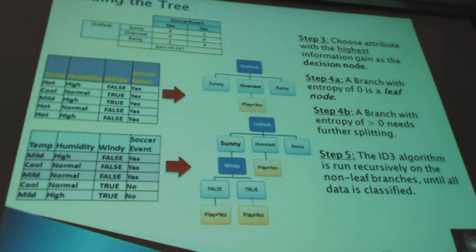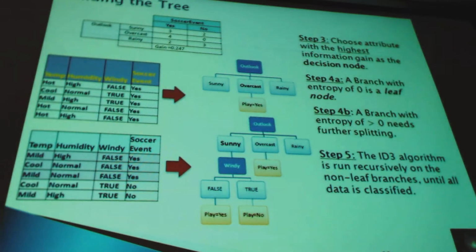For overcast, we see only one branch, which is a homogeneous branch, as entropy is equal to 0. This is because for all the values of temperature, humidity, and windy, if the outlook is overcast, then the soccer event is always true. So this is a single branch, and we come up with a leaf node.